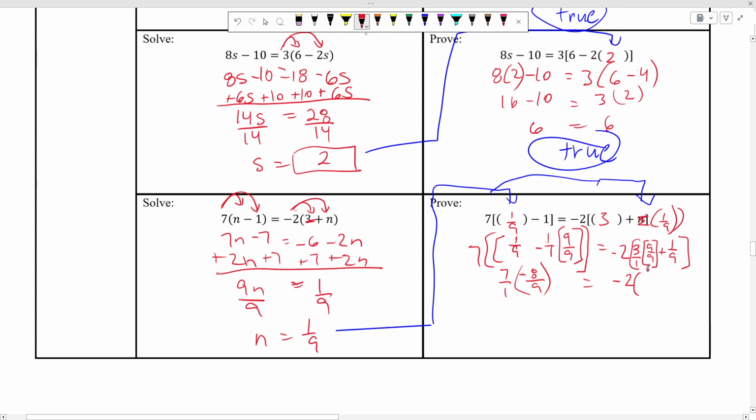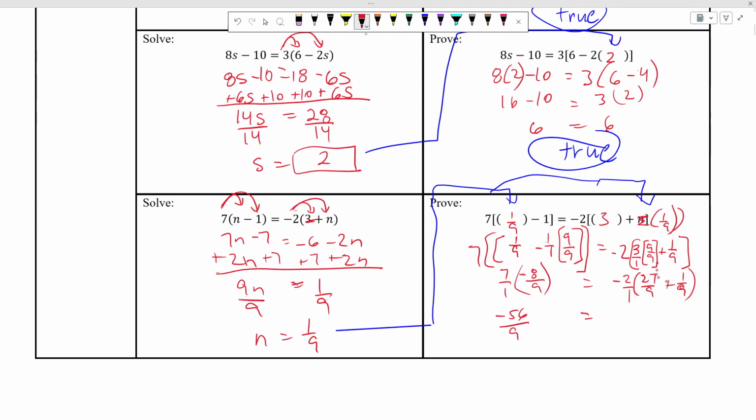Either way, this would become 27/9, and this would become 1/9. We didn't do anything to that one. Okay, great. And instead of negative big 2, I'm going to do -2/1. All right. So 7 times -8 is -56/9. That doesn't appear to be divisible by 9, so that's my final value on this side.